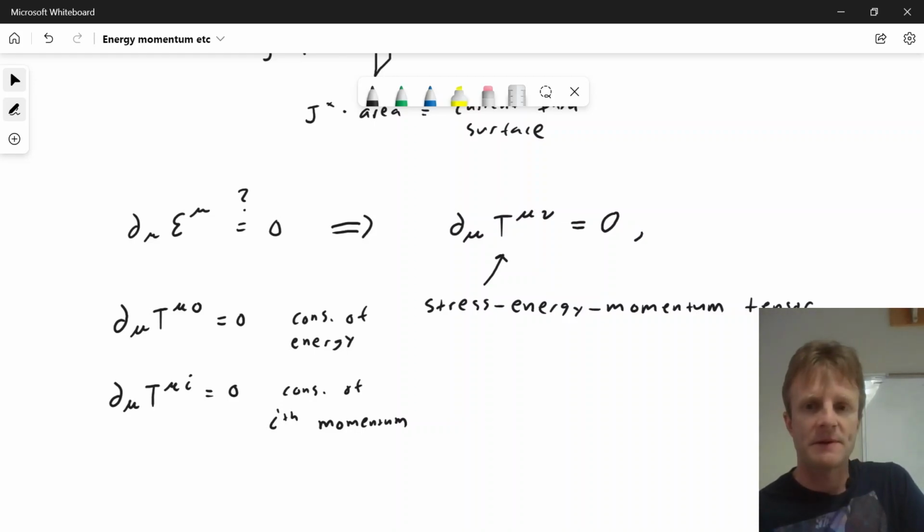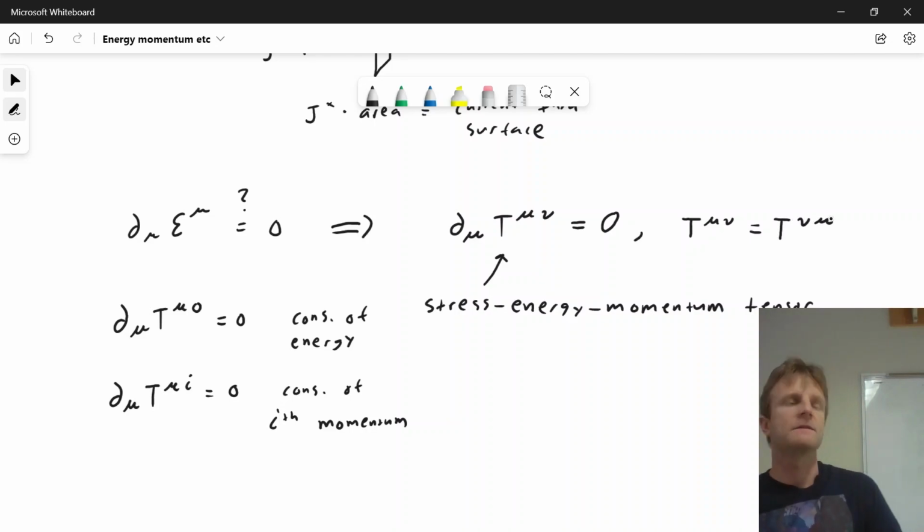Now, there's another property which is even less obvious, but the stress energy tensor can always be taken to be symmetric in the 2 indices. Now, in quantum field theory, you sometimes define energy and momentum with Noether's theorem, and you find it's not symmetric, and then you improve it by making it symmetric, by adding total derivatives such that you still have these interpretations. In fluid mechanics, it just is symmetric.